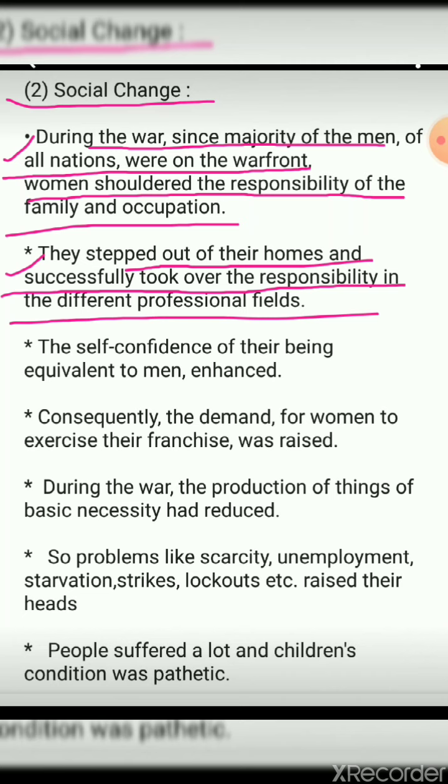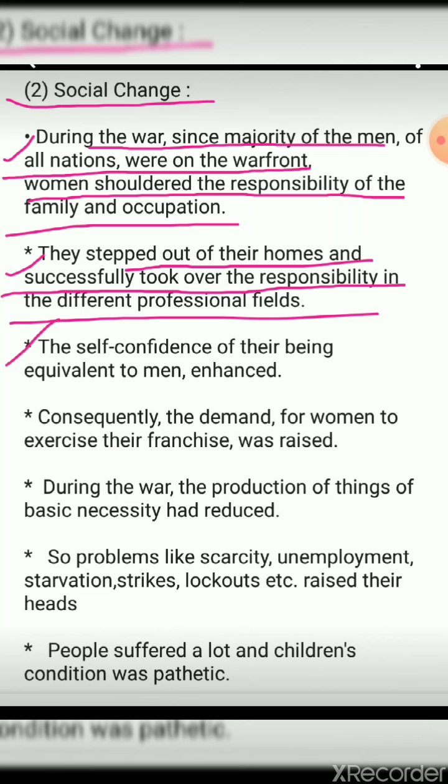Who? The women, because all responsibility came to their shoulders, so they stepped out of their house and were able to take responsibility of the home and of their professional fields.